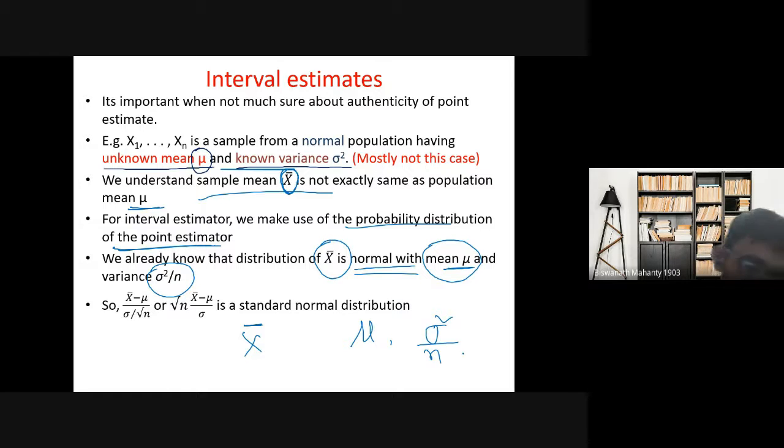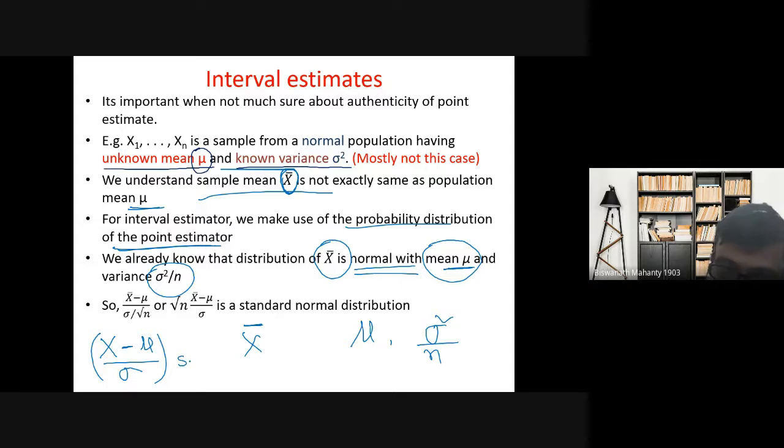In our last class, I told you that to convert any normal distribution into a standard normal, the variable minus mu, divided by sigma, will be standard normal.